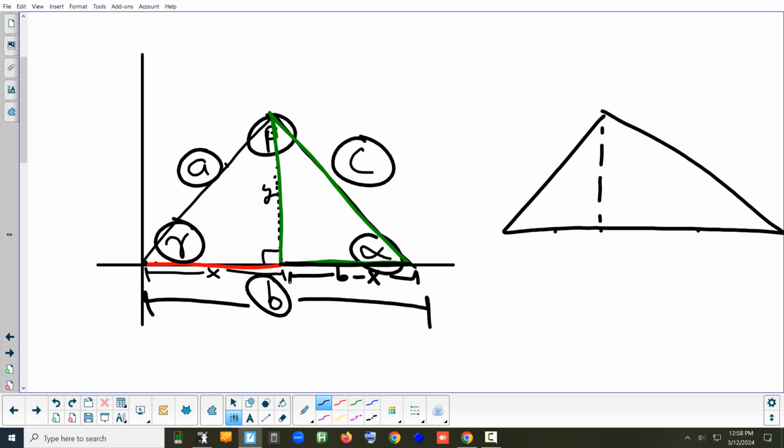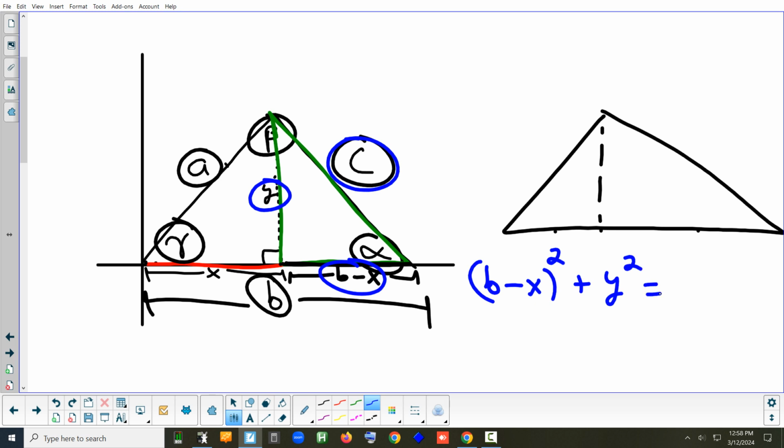All right, now, can somebody set up my Pythagorean theorem using this, and that for the green triangle? Yeah. B minus x squared plus y squared equals c squared. B minus x squared plus, what did you say, y squared? Yep, equals c squared. Okay. Now, we can't leave the x and the y in there.